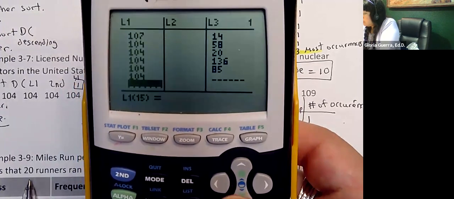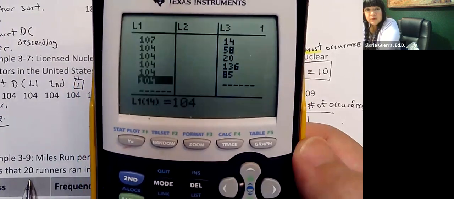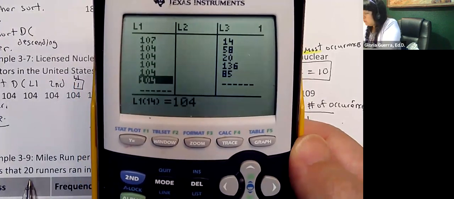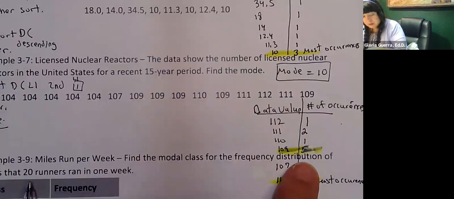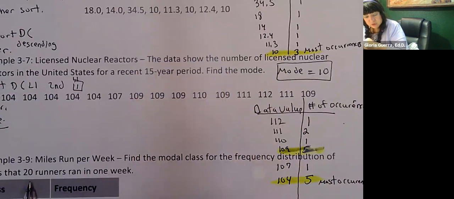Without having to calculate, that also tells me I had 14 entries, so I had left something out. It looks like I left one data value of 109 out.